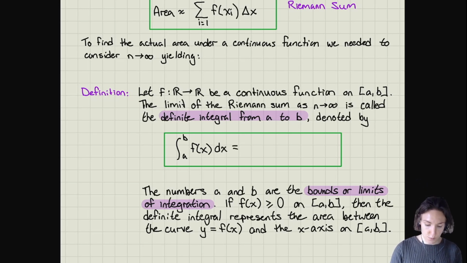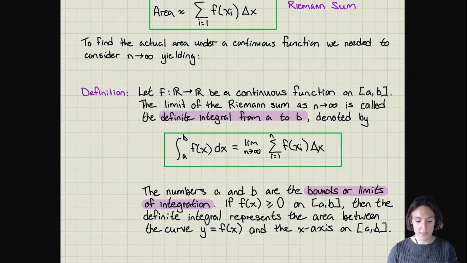And this is what the limit, as n approaches infinity, of that Riemann sum means. Okay, so we have this new notation to make this much easier. Okay, so this is equivalent to this.